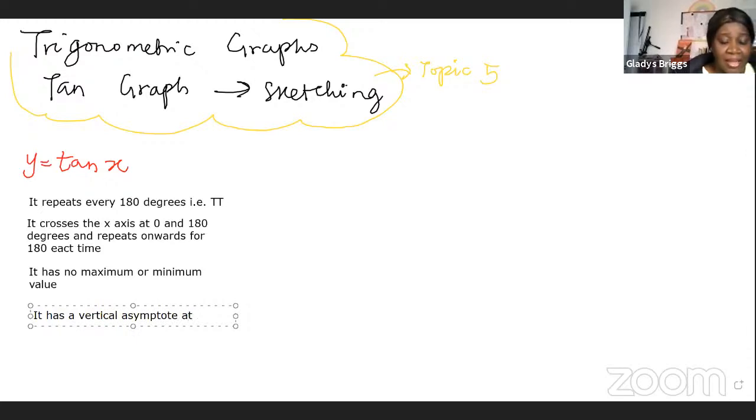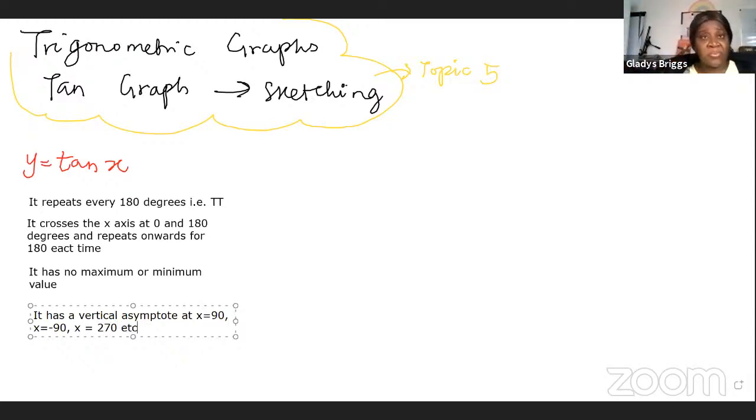At x is equal to 90 degrees, x is equal to negative 90 degrees, x is equal to 270 degrees, and so on. 180, 180, 180, keeps on adding on. The first one starts at 90 degrees, and the next one will be 180 degrees after that.